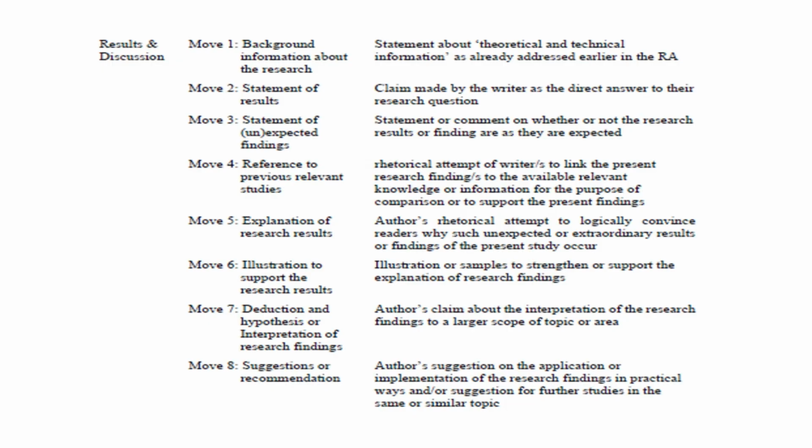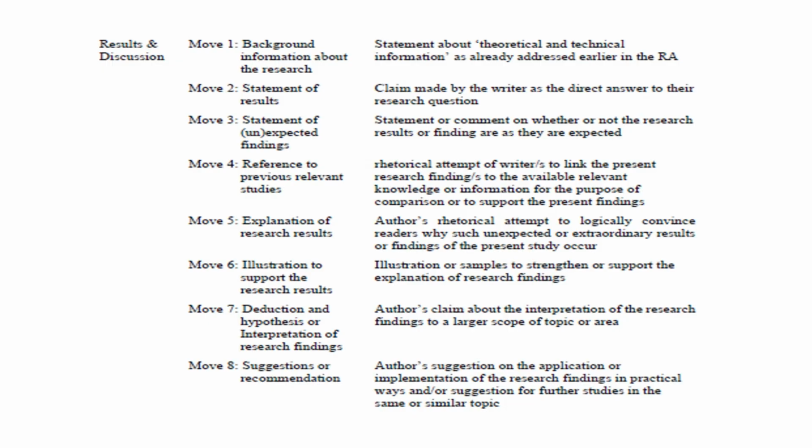And move five, explanation of the research results. So we have to compare our finding with the finding of other authors, other researchers, and we have to discuss if a finding is similar or different. We have to discuss why they are similar, why they are different. And move six is illustration to support the research result.